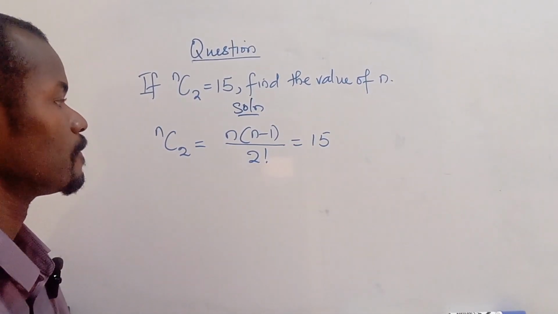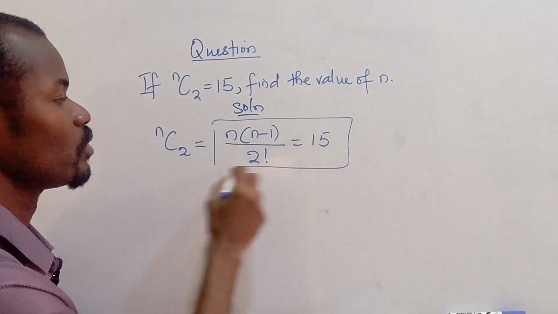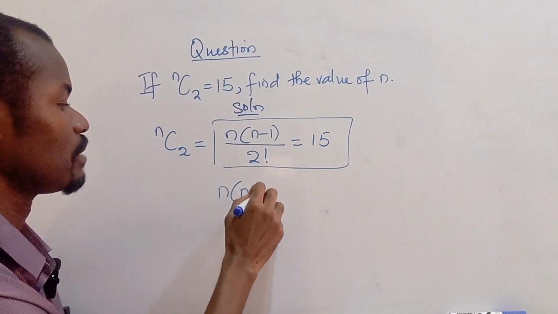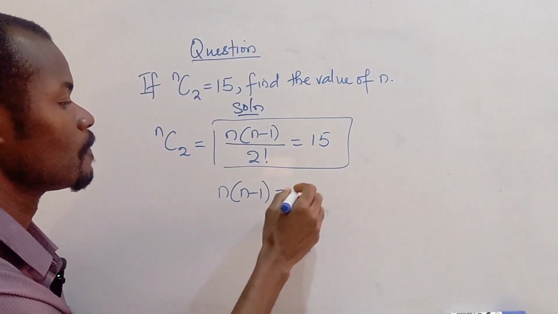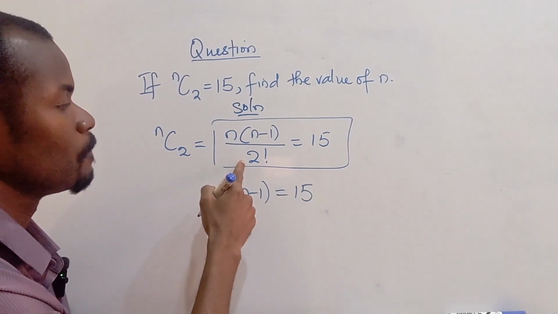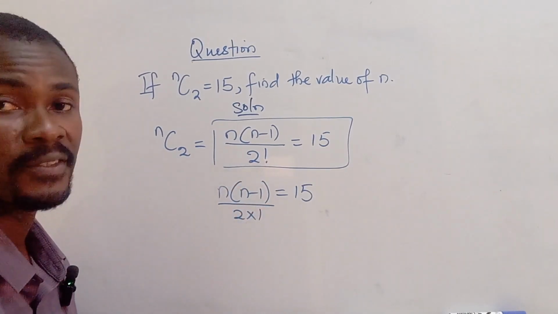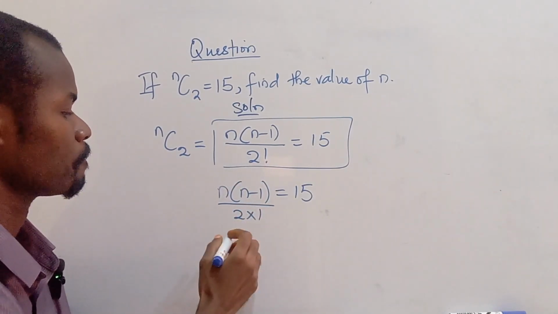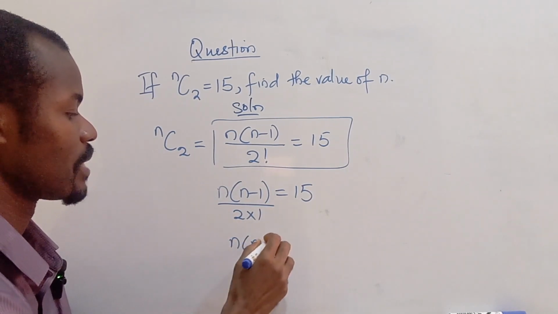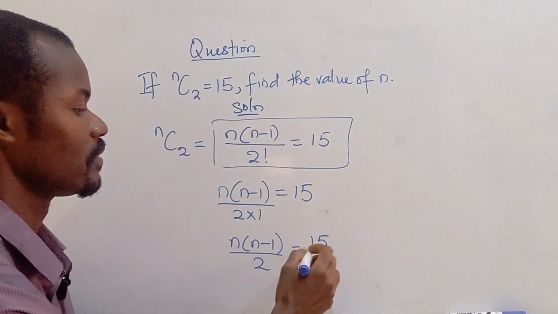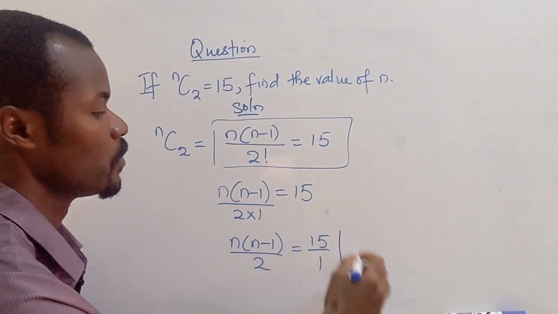Now let's solve this side and see what we are going to get. n multiplied by n minus 1, divided by 2 factorial, which means 2 times 1, is 2, is equal to 15 divided by 1. So what do we do at this point?